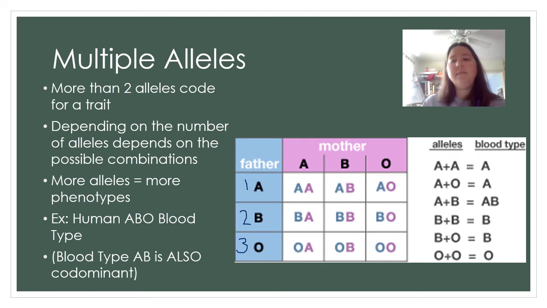They still come together in two-letter combinations, but it creates more combinations. Before, we only had 3 different combinations: homozygous dominant, heterozygous, homozygous recessive. Now we actually have 9 letter combinations, or technically 8 because AB is the same whether it's BA or AB.